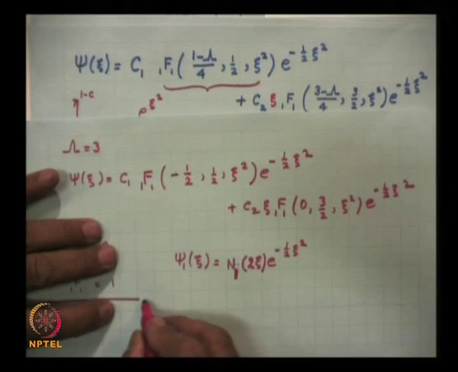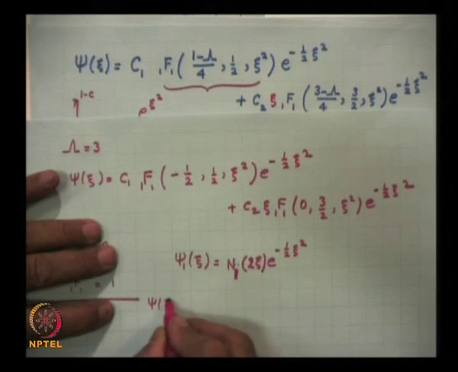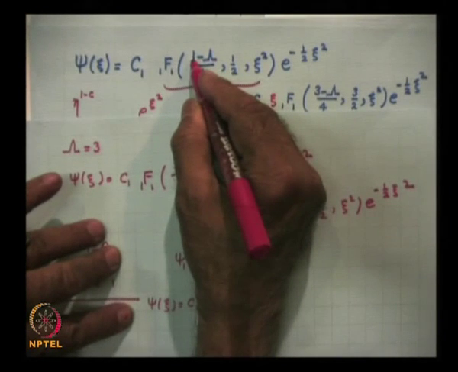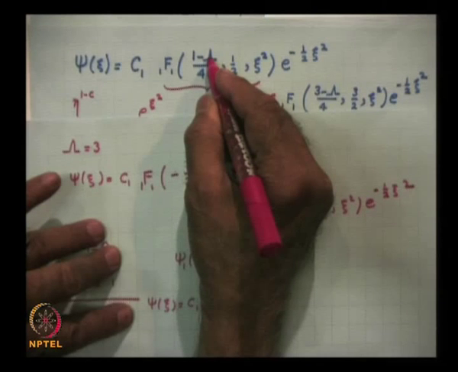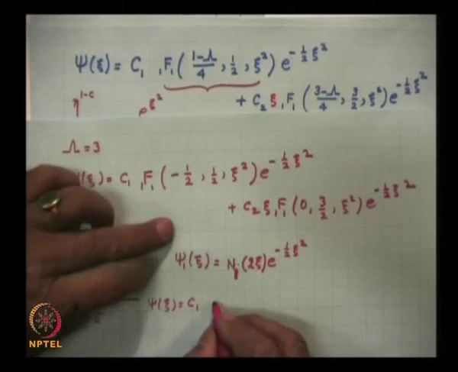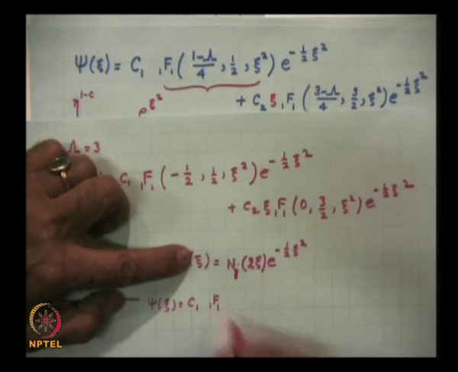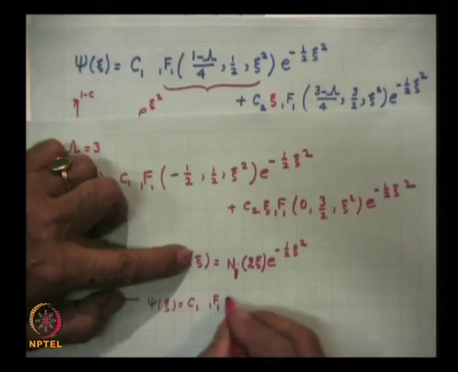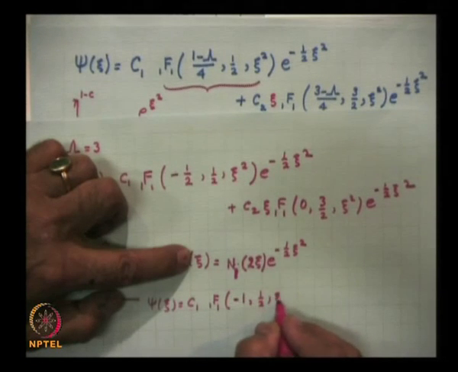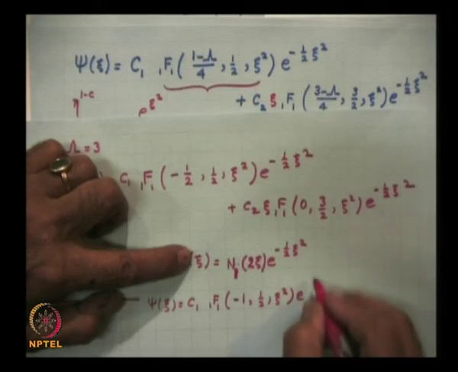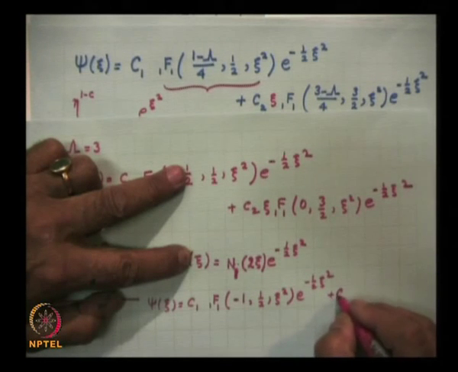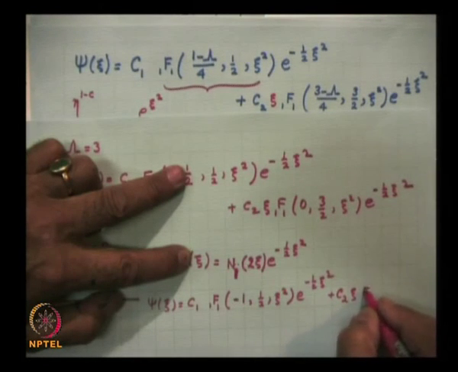So, you will have psi of xi, please see this, C1, 5 means 1 minus 5 is minus 4 by 4, F11 minus 1 half xi square e to the power of minus half xi square plus C2 xi F11.